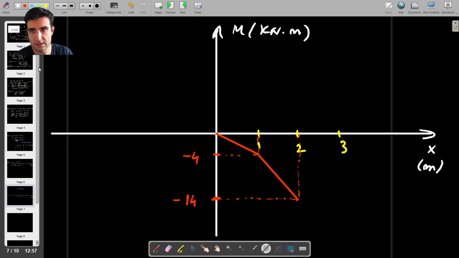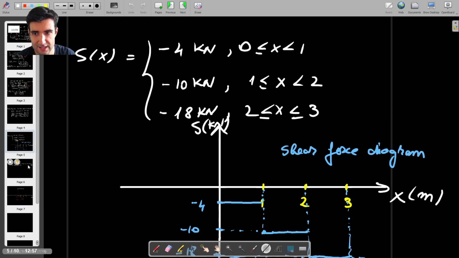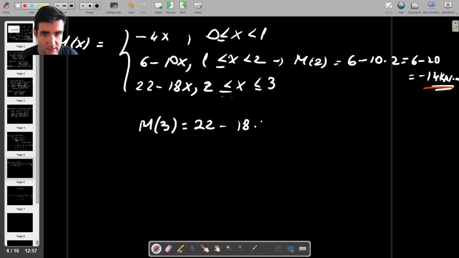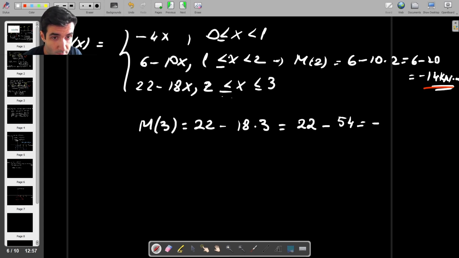And then finally, for the last segment, I'm going to try to find what is the moment at 3. So at 3, we have 22 minus 18 times 3. So that's 22 minus, this should be 54. So that should be minus 32 kilonewton meters.